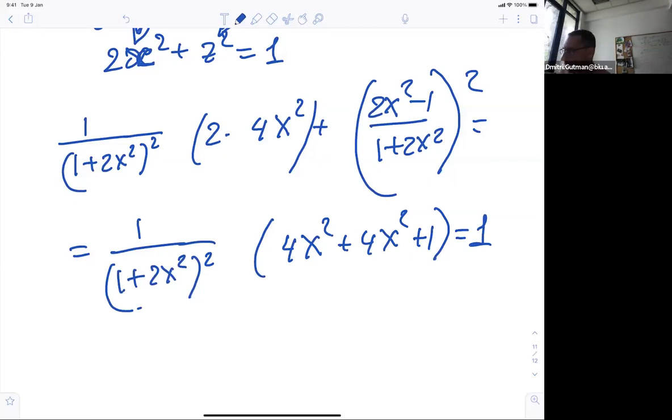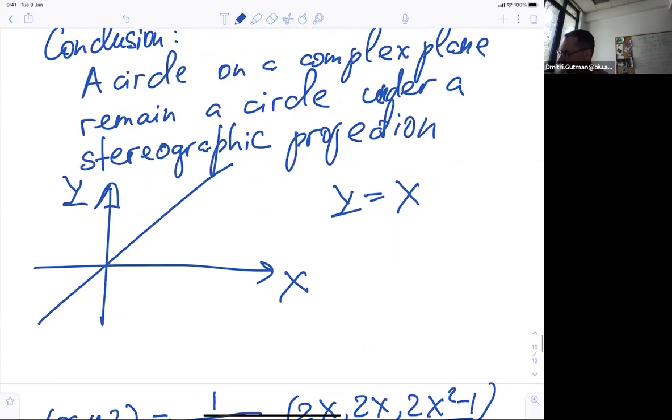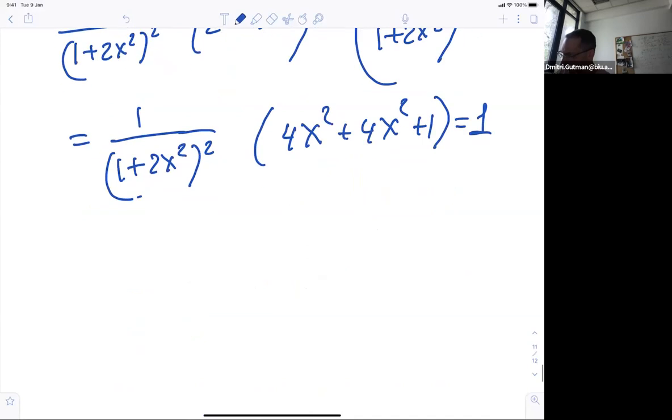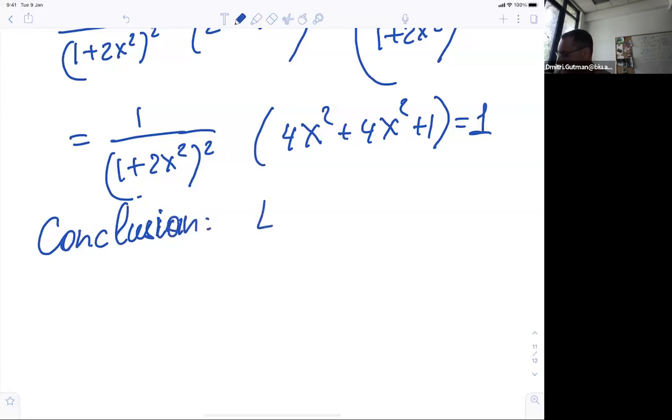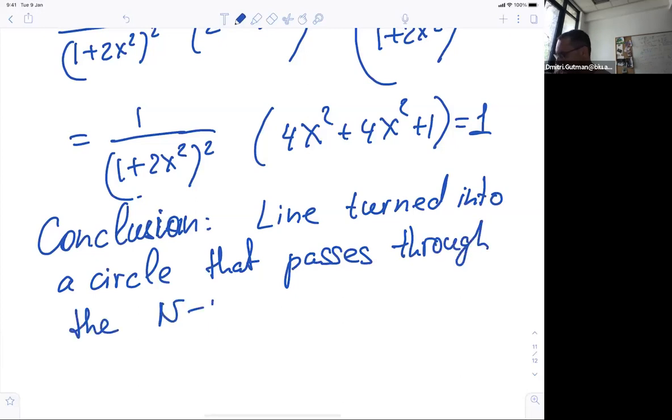And therefore we see that, conclusion from here, a line turned into a circle that passes through the northern pole.